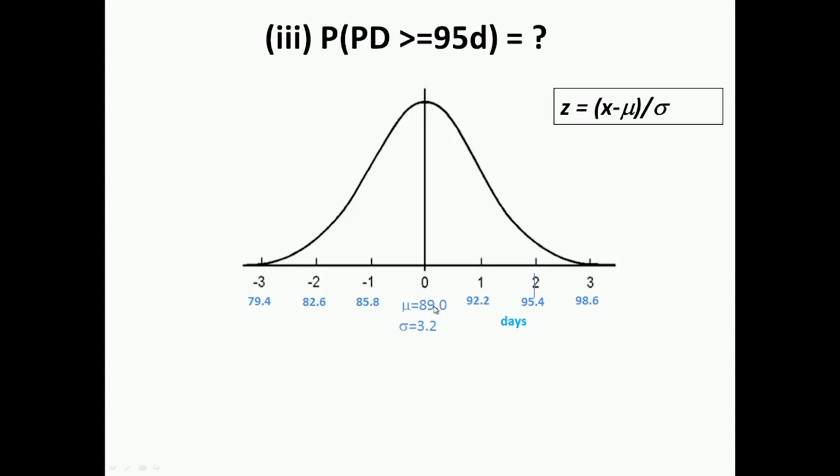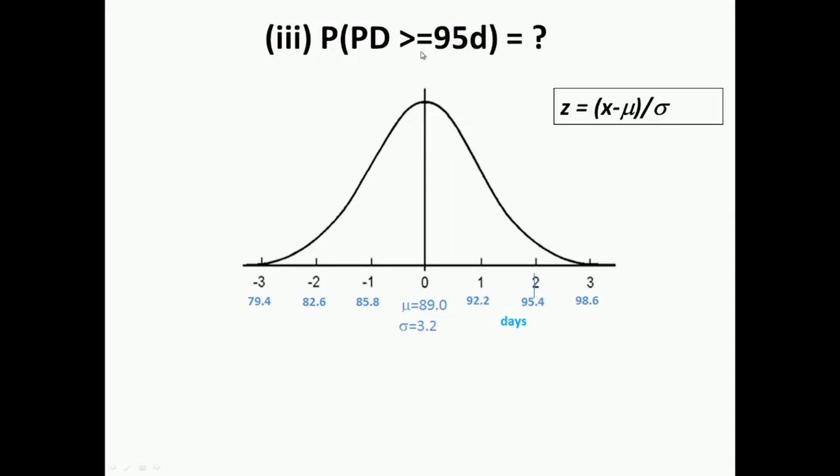We had a mean of 89, we had a standard deviation of 3.2, and we have the first, second, and third standard deviations here, and the values here are the days corresponding to each standard deviation. So these are the project duration days.